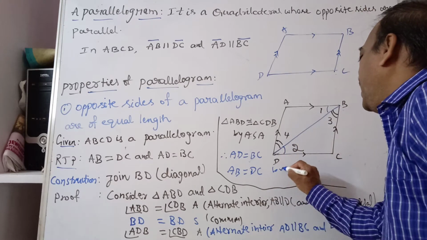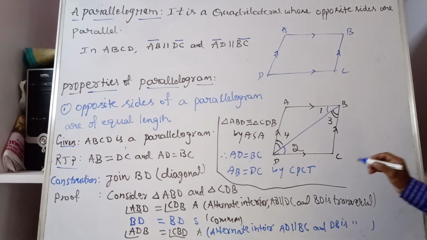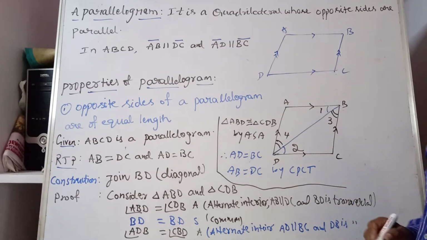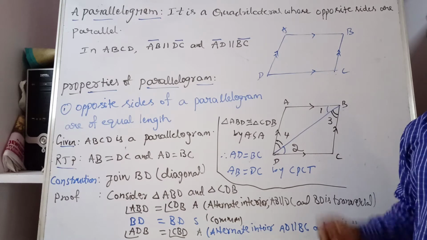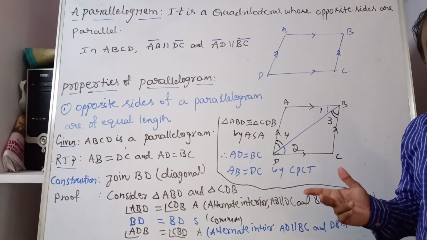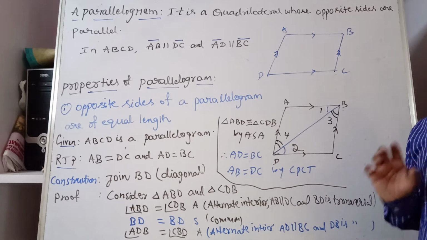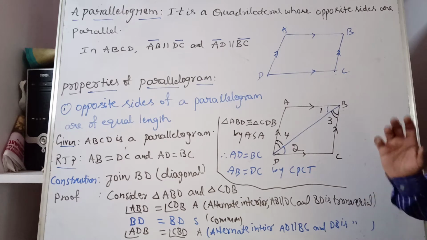This is by CPCT. What is CPCT? Corresponding parts of congruent triangles. Is it clear?